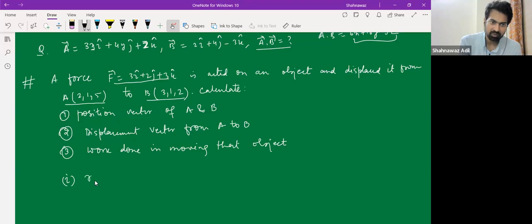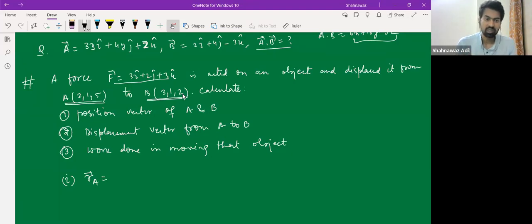So what is the position vector of A? Afaf, you tell me what is the position vector of A. Sir, what is the third question?